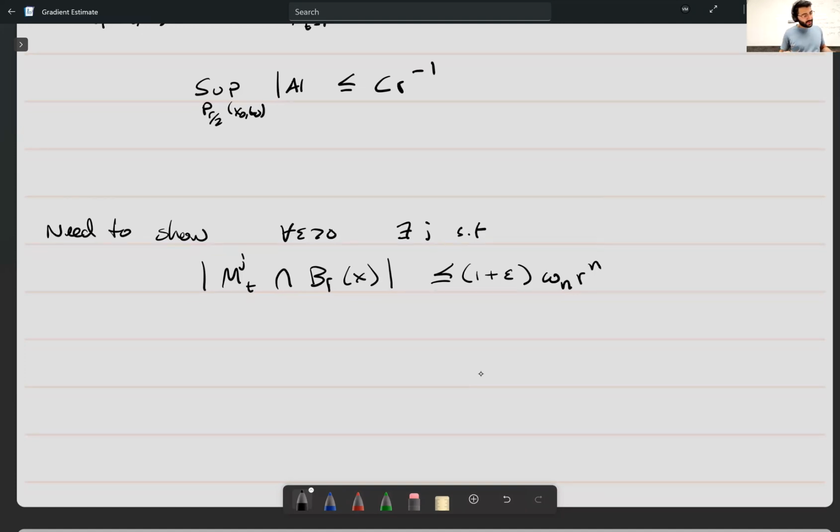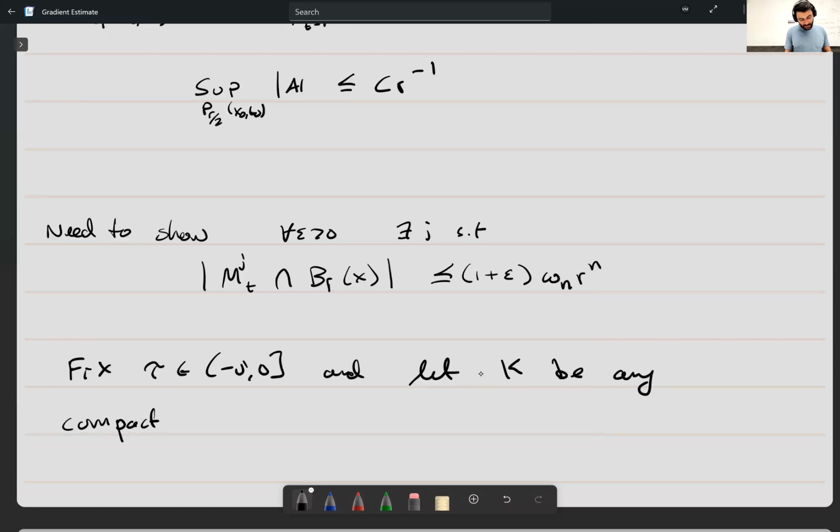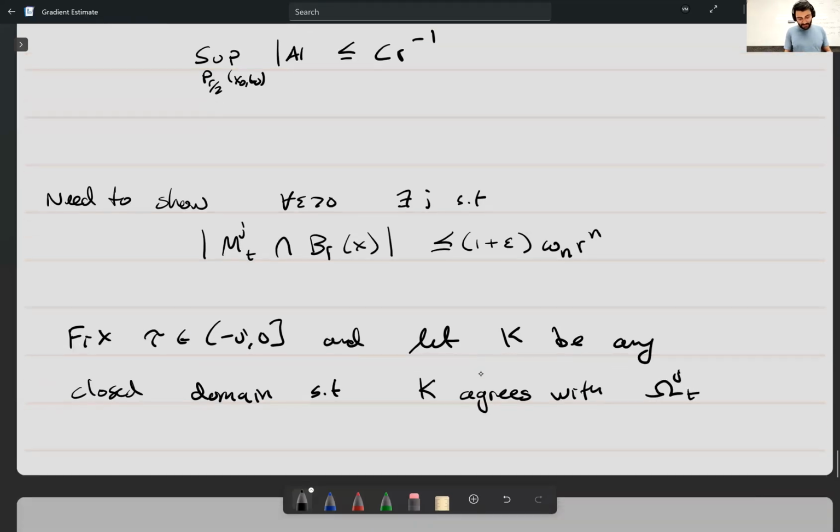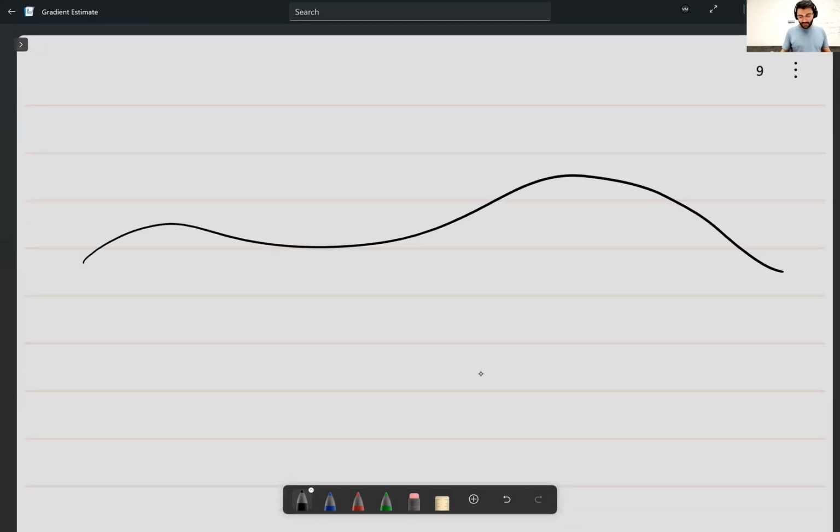Okay, let's do that in 2 minutes. So let's fix some tau in (-J, 0), and let K be any closed domain such that K agrees with Omega_J^T outside B_R(X). So here's your Omega_J^T, and here is the ball, and here is K, something like that.